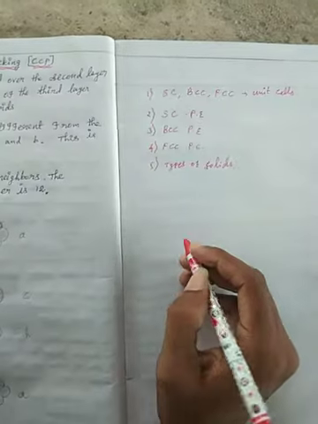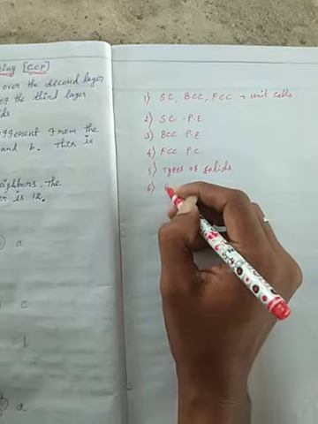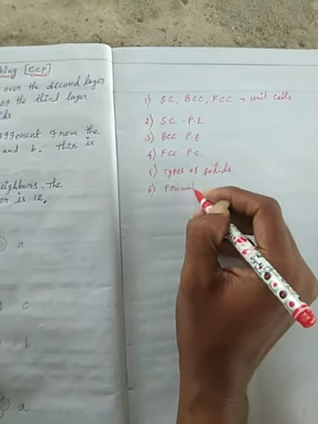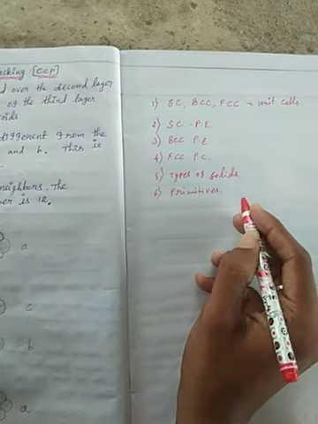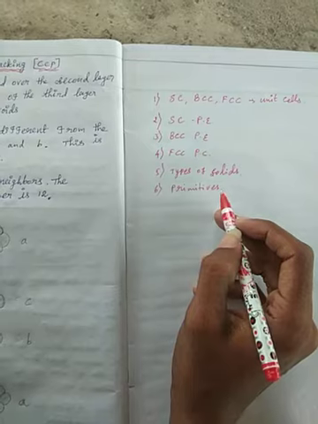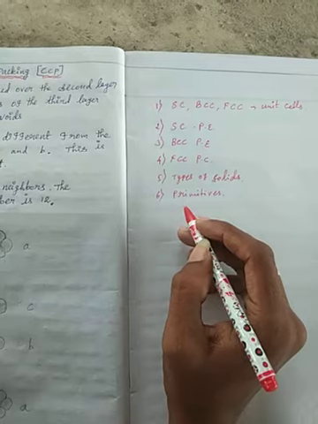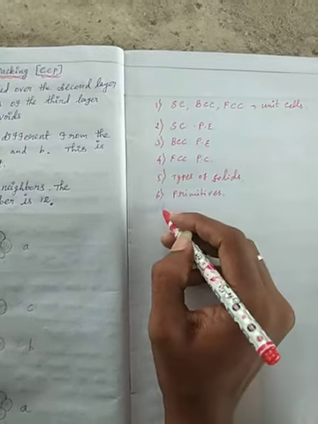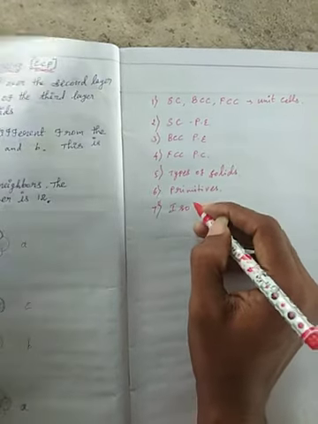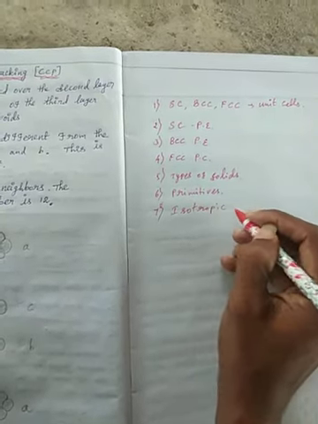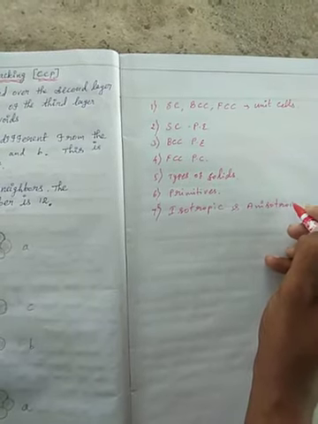Amorphous solids and crystalline solids are discussed, and then the types of primitive and non-primitive unit cells. If the shape is a perfect cube it is called primitive, and if the position arrangement varies it is called non-primitive. The seventh question: isotropic and anisotropic nature.